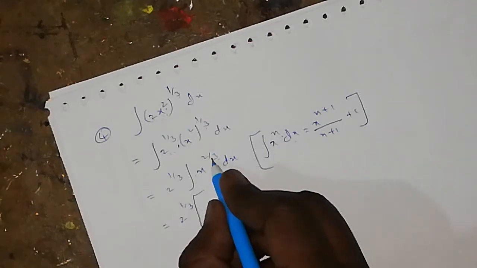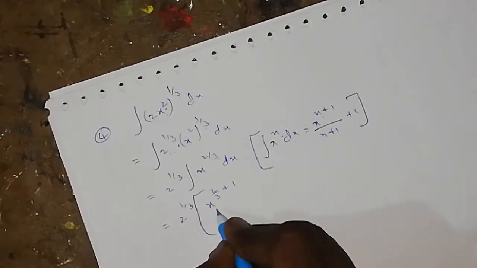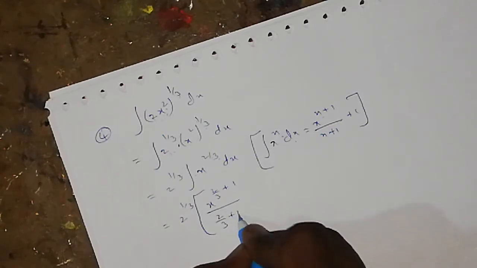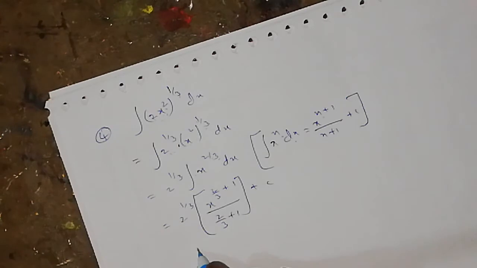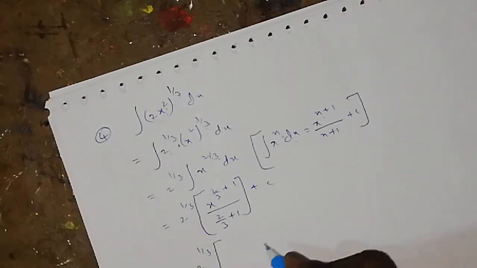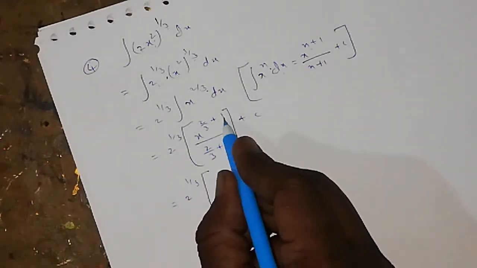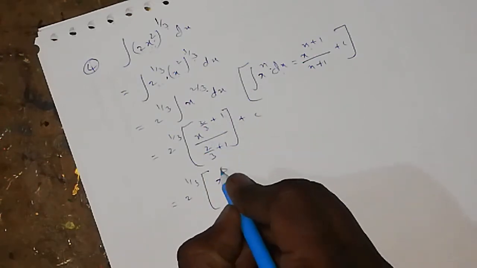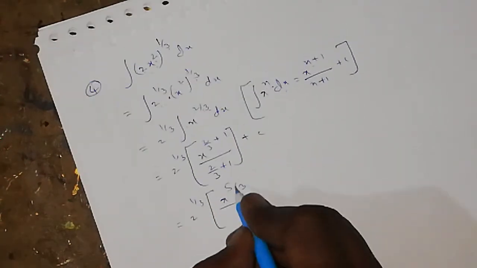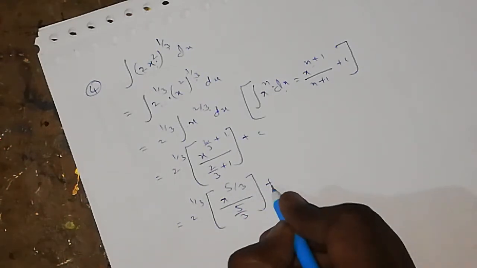So what does it become now? Here n refers to 2 by 3. So apply the formula. x to the power of 2 by 3 plus 1 by 2 by 3 plus 1, plus c. So it becomes 2 to the power of 1 by 3 into x to the power of, simplify the fraction. 3 1s are 3, 3 plus 2 is 5, so 5 by 3, and the denominator is also the same, 5 by 3, plus c.